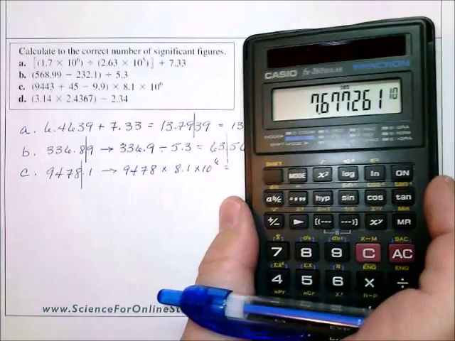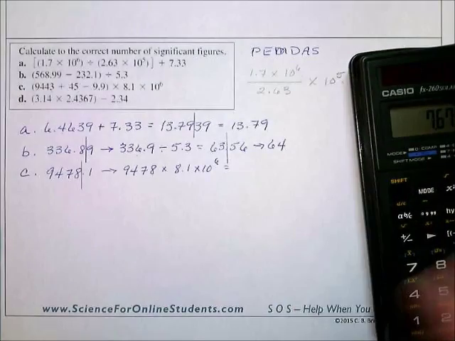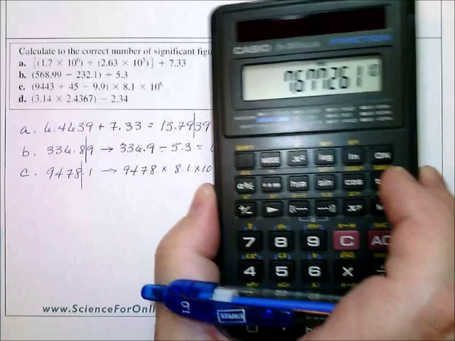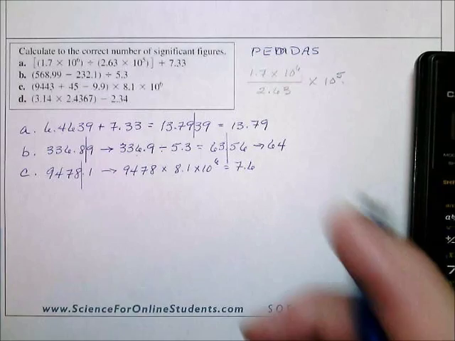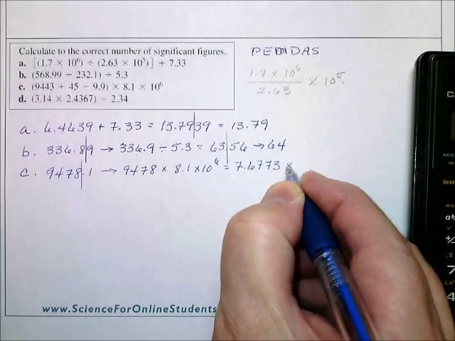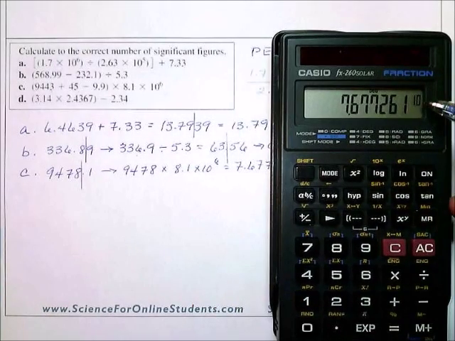And that converts to scientific notation 7.6773 times 10 to the 10th. Look at that again. You see the 10 up here? That's our exponent.